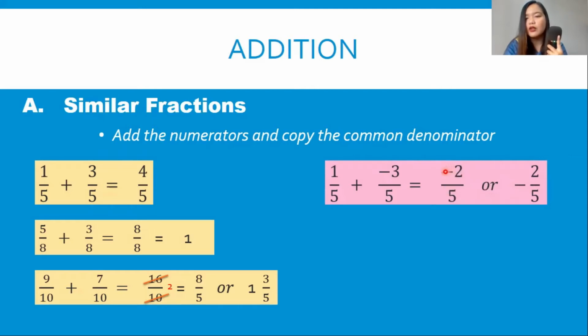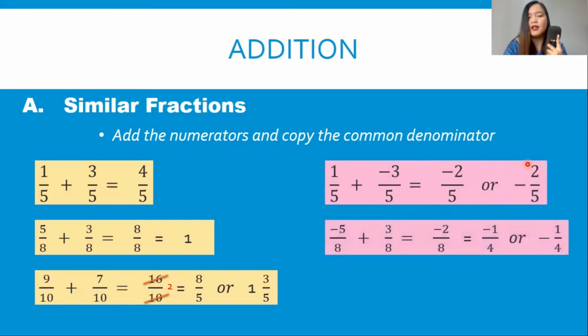Take note, ito negative, yung isa positive. As long as may isang negative lang sa kanila, yung negative, ilagay na lang dito. Ihiwalay, pero wag i-connect sa bar. Ganito ang gawin ninyo.